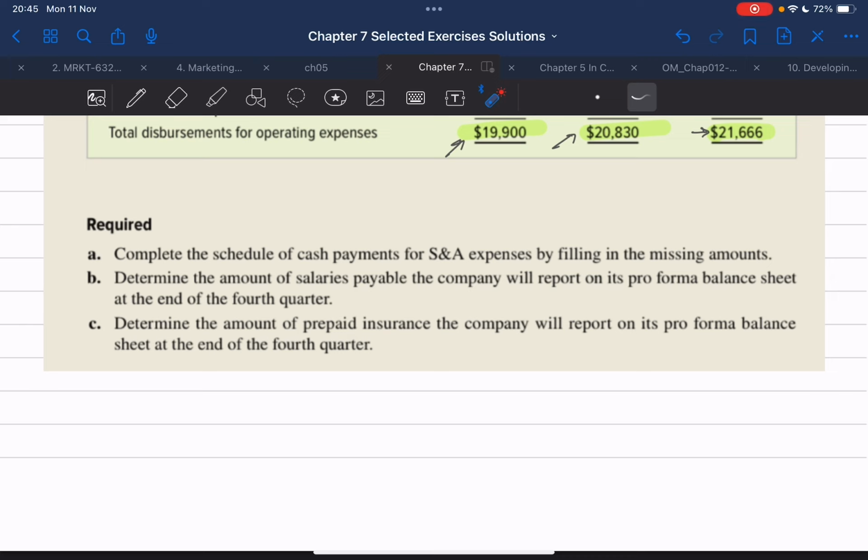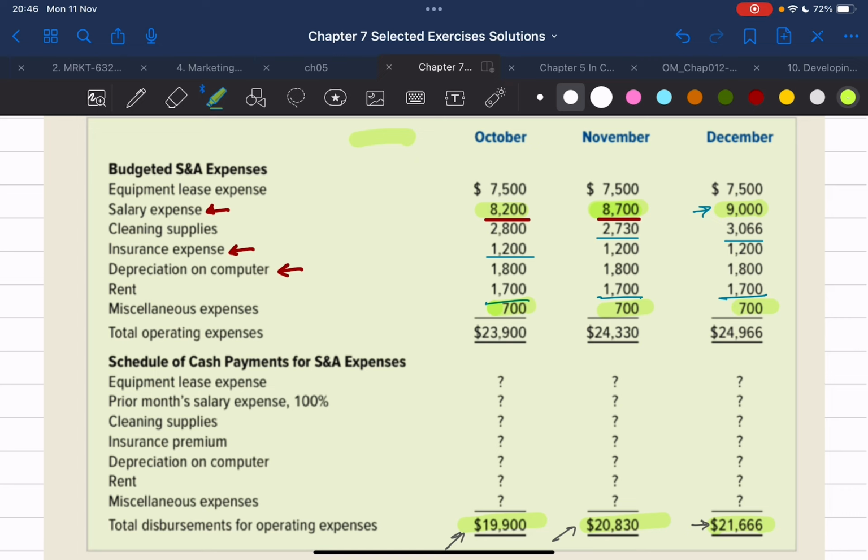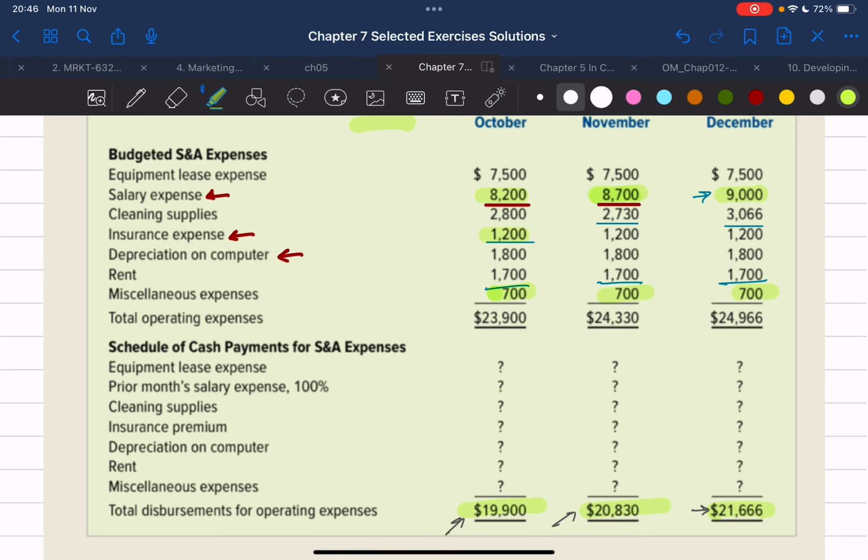Again, hopefully this is clear, but I'll try to explain further. Notice how the insurance expense costs 1,200 for each month, right? And we paid in advance for 6 months, which was 1,200 multiplied by 6, 7,200 at the beginning of this quarter, so in October. Now, by the end of December, 3 months' worth of insurance coverage is already expensed, and we will have the remaining 3 months of coverage, okay?